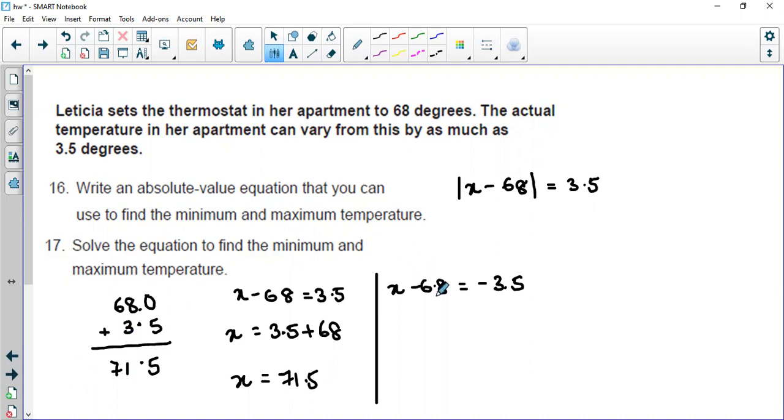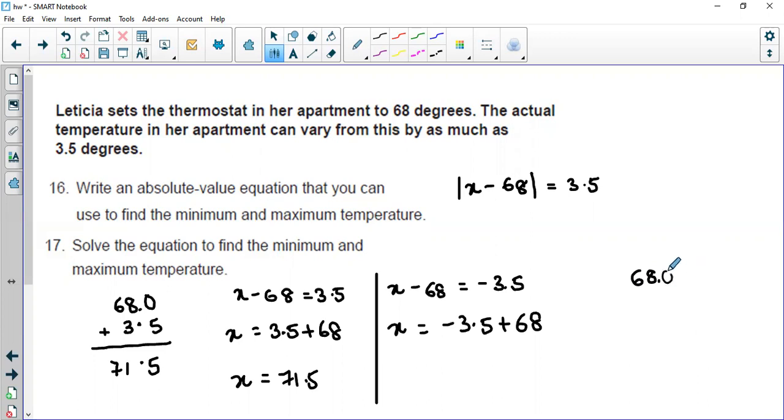Okay, similarly here, x is going to be equal to negative 3.5 plus, not 6.8, it's 68. Why did I write 6.8? It's 68. x minus 68, so this is going to be plus 68. But what is the rule when you have one negative and one positive number? You will of course subtract the numbers. So start by writing the bigger number, 68. Where is the decimal for this number going to be?